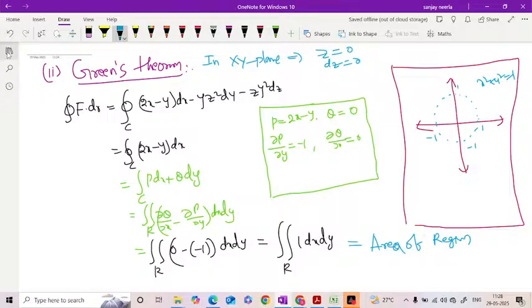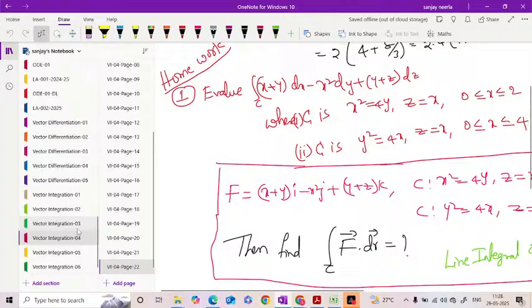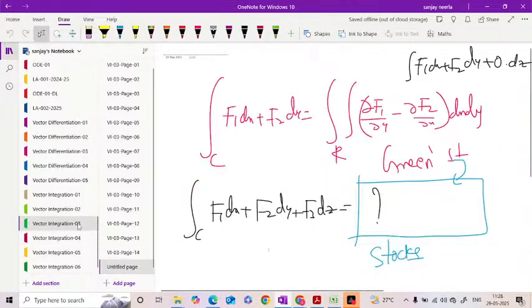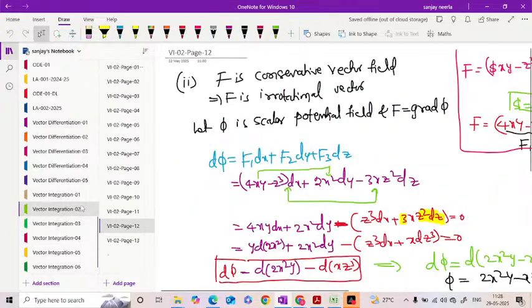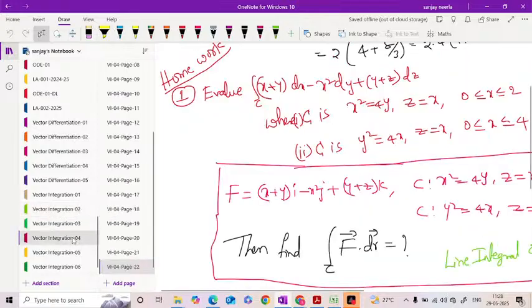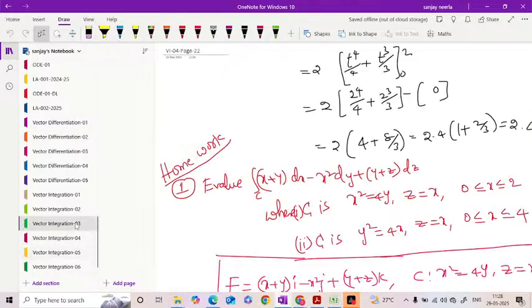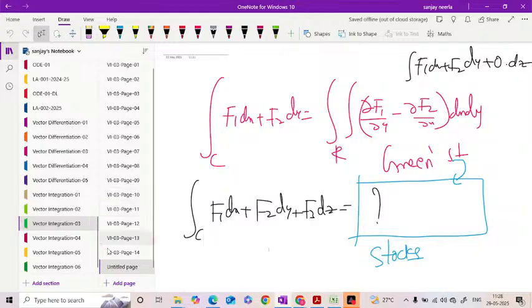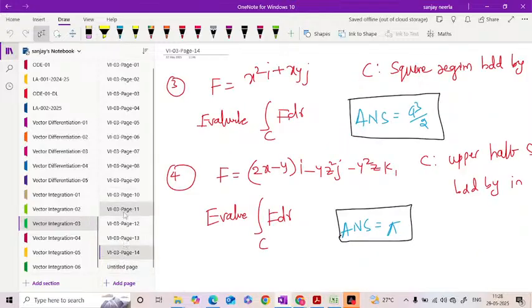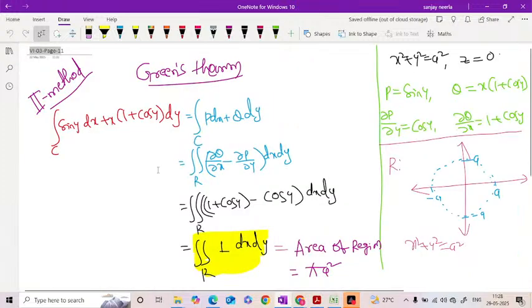I think we did this type of problem in the previous class. Anyway, I will show again. Okay, so this is the previous.